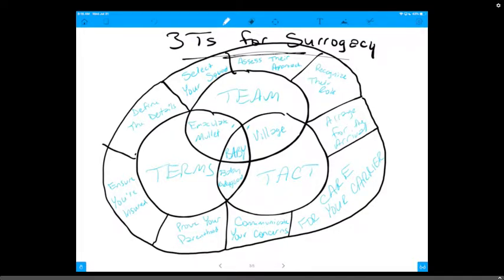So, guys, that's my 3 T's for surrogacy. This is my framework for how to approach the surrogacy process. And each of these little pockets, there's a lot involved in that. So when you're looking at this, let this be a general guide for you.